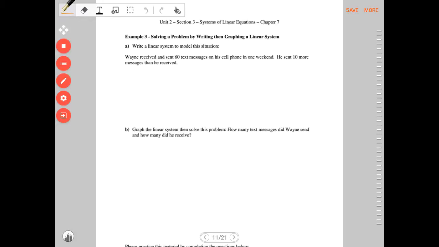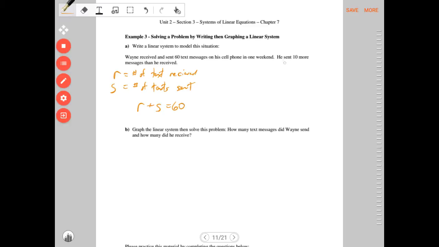We can set this up as a table if we really want, or we can just say R equals the number of texts received, and let's make S equal the number of texts sent. So he sent and received 60 in a weekend, so that means that R plus S equals 60. Awesome, that one's pretty easy.